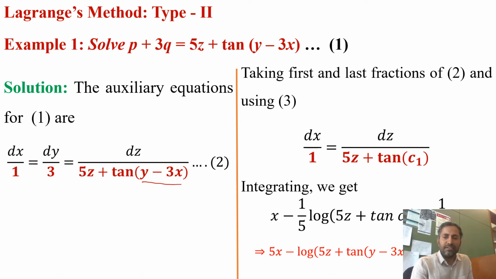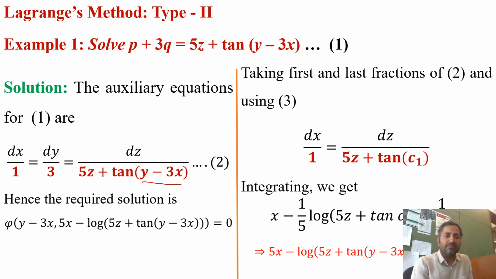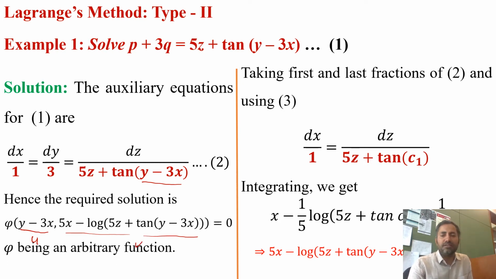Thus we get the two solutions, and the required solution is phi(u, v) is equal to 0. This is your u, and this whole term is v. Phi is any arbitrary function.